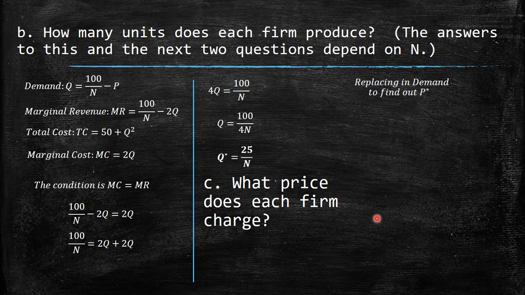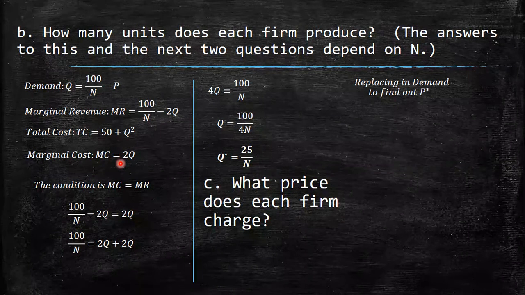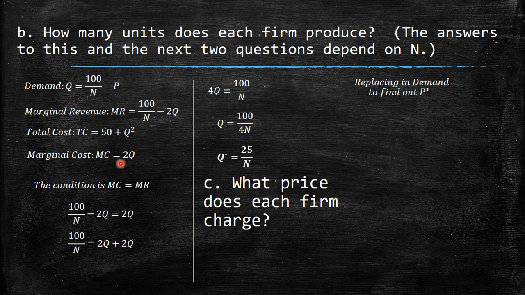And then, at what price does each firm charge? Then you replace that to find it. Don't replace it in the marginal cost, because you will just reach the value of the marginal cost. Or in the marginal revenue, you would place the value of the marginal revenue, which naturally should be the same, because you are starting from the condition where marginal cost equals marginal revenue.